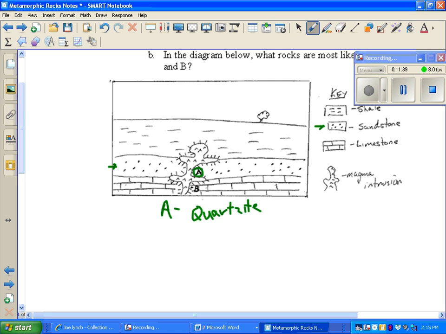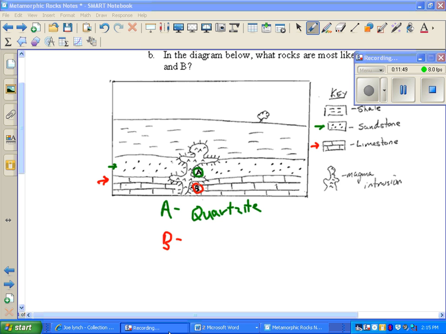Then for B, B is right here. Now we have these, the layer that looks like a bunch of bricks, so that's limestone. So the limestone is coming in contact with the magma, so that's undergoing metamorphism.